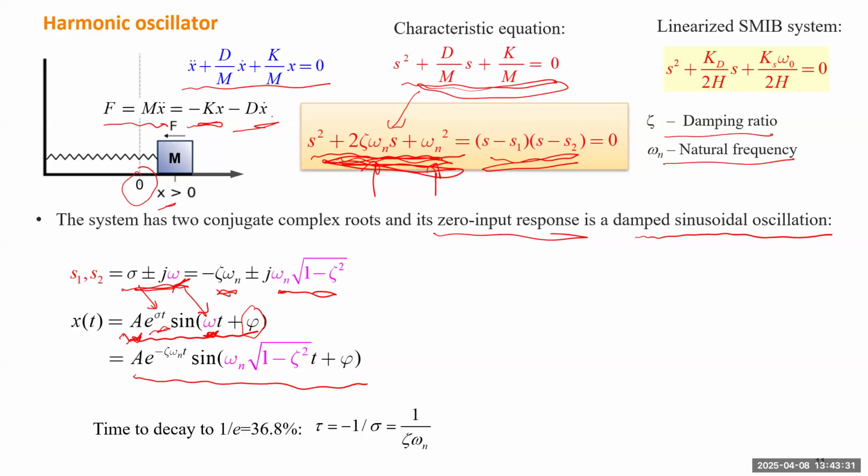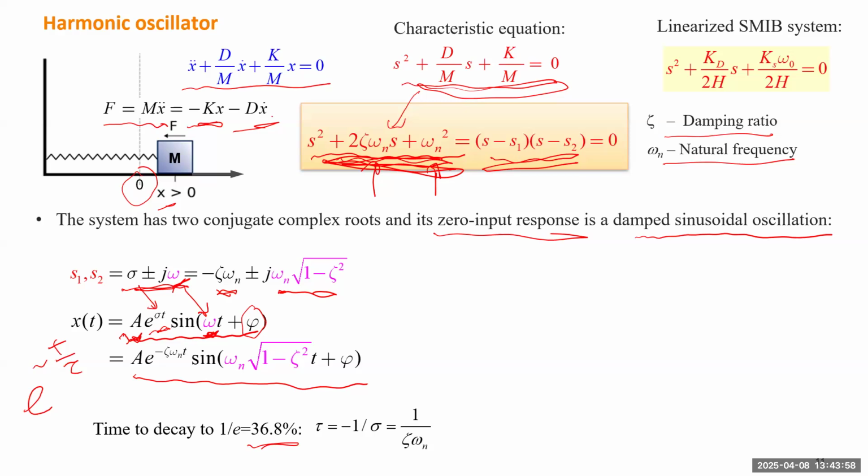By the way, if we know the expression in the time domain, we can estimate the time to decay to around 37%. Remember where we introduced this index. Whenever you have something like this, there's a tau, which is the time constant.